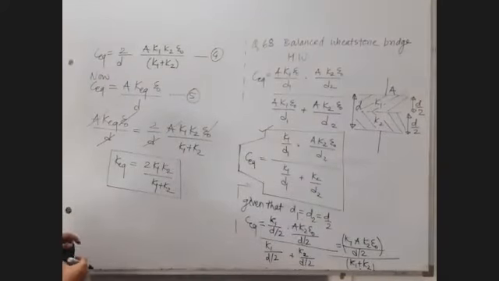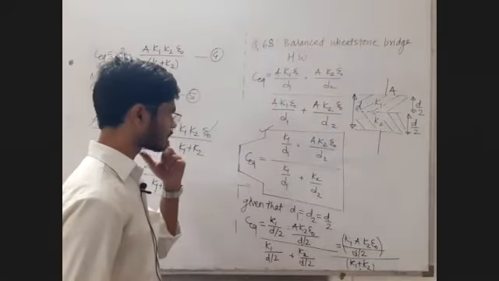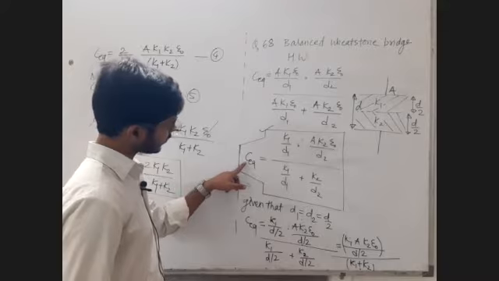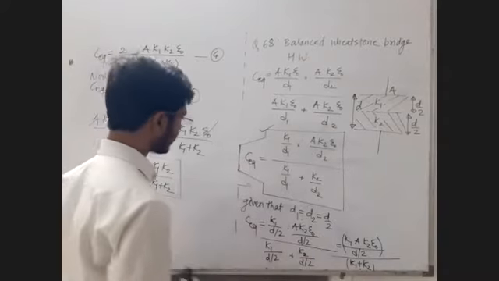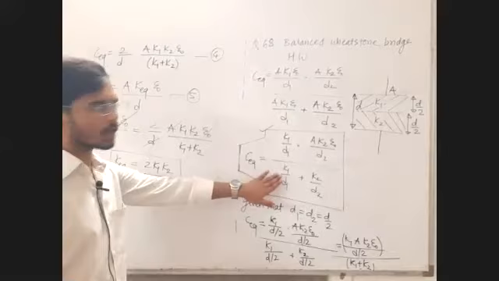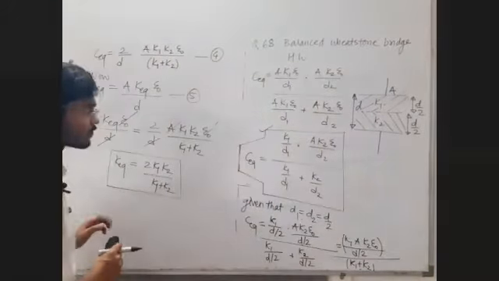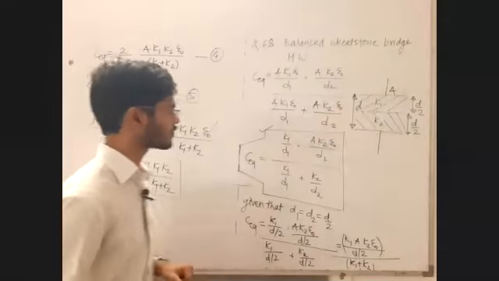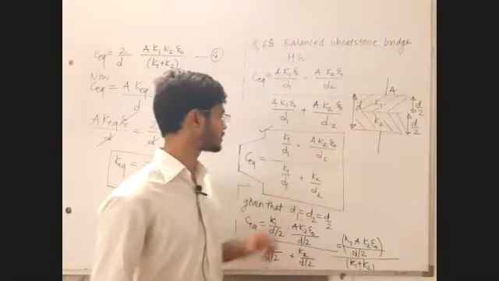I can observe that if I replace this C equivalent as A K equivalent, this is the general formula for the series combination. These are dielectrics in series, and basically capacitors in series because of dielectrics in series.